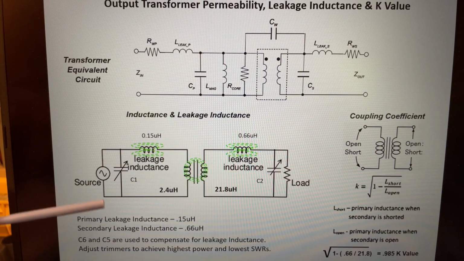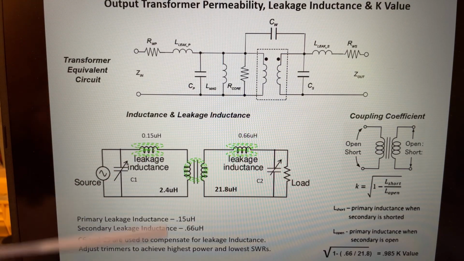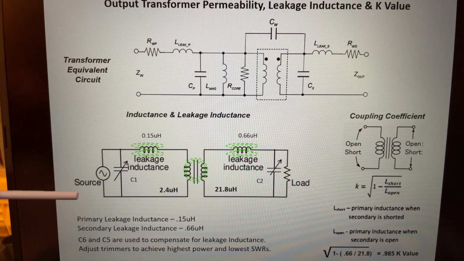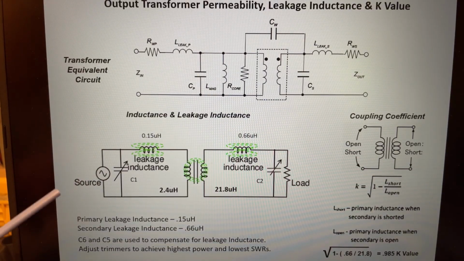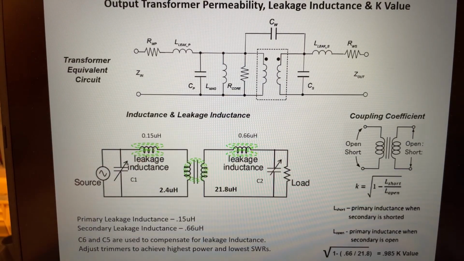Of course, the final values would be determined in the circuit because of the circuit board and the parasitics there, but you can get reasonably close. So we're using basically two capacitors for the tuning and the compensation.